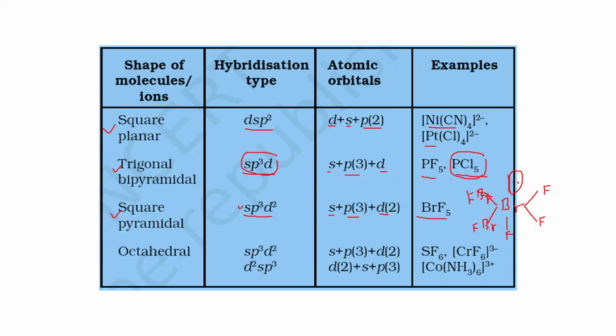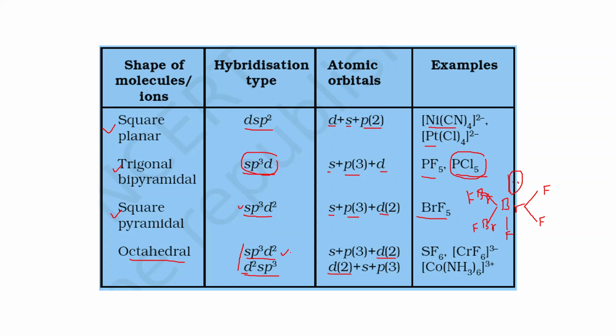Now if hybridization is sp3d2 or d2sp3, again we can say 6 hybrid orbitals are arranged in an octahedral manner. Now what is the difference between these two? In sp3d2, the d orbitals of the outermost shell take part in hybridization, while in d2sp3, the d orbitals of the (n-1)d shell take part in the hybridization.